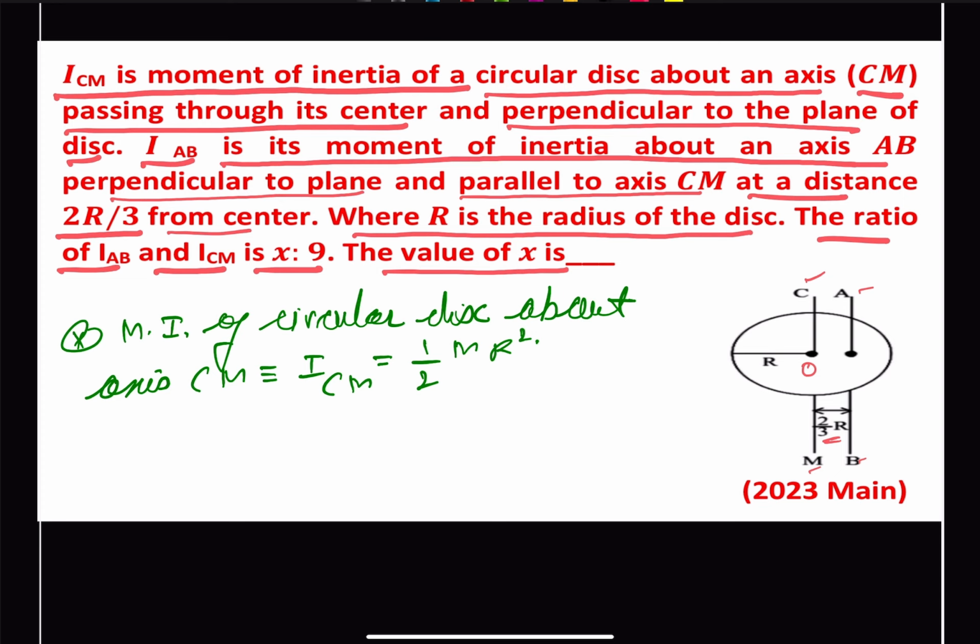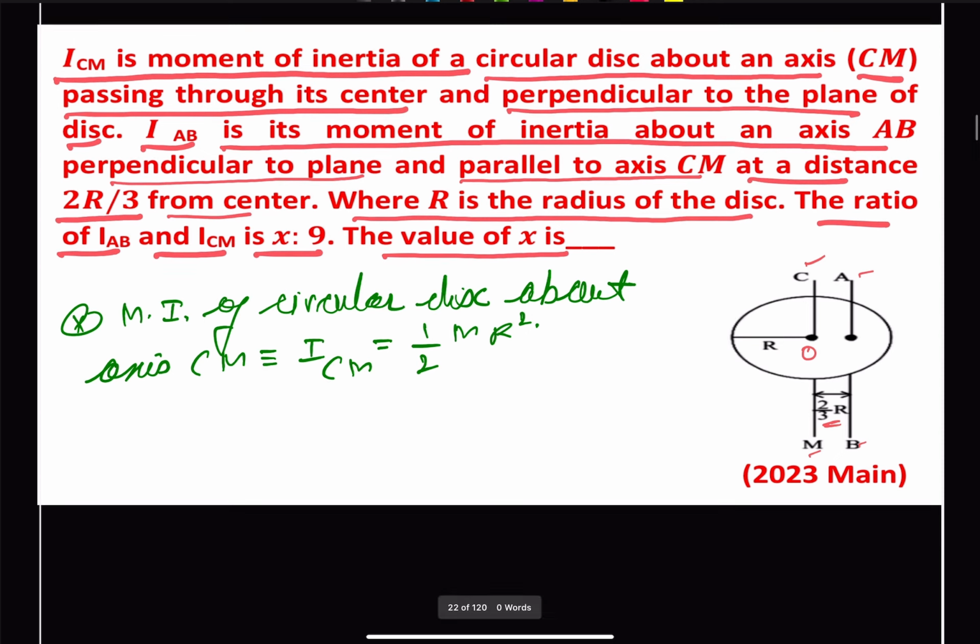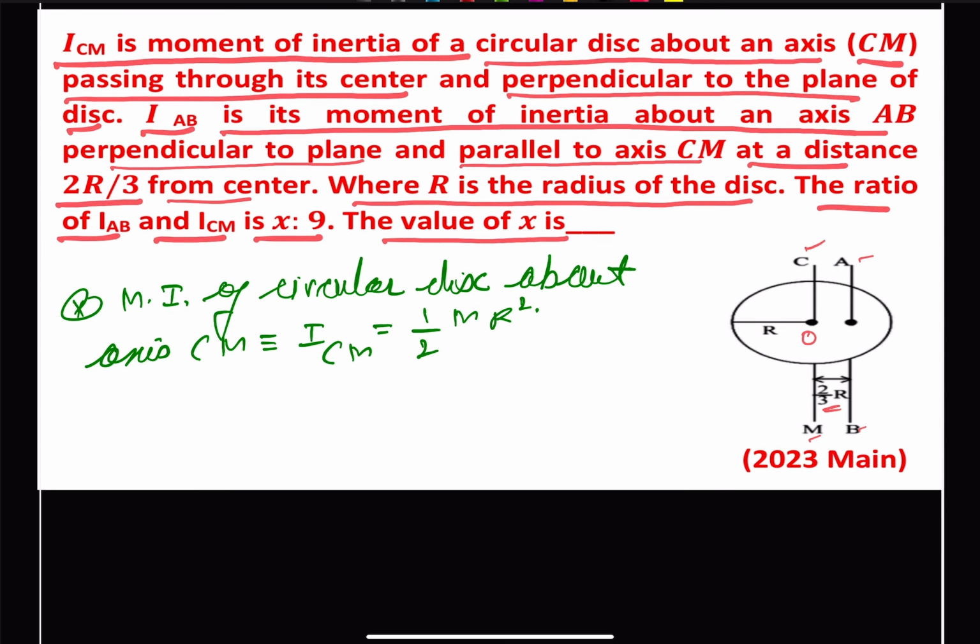And we can use the parallel axis theorem. The parallel axis theorem gives us the moment of inertia about axis AB will be equal to our ICM plus mass and distance square.